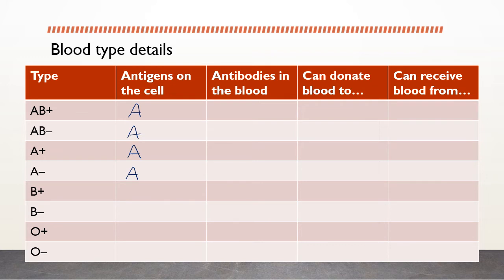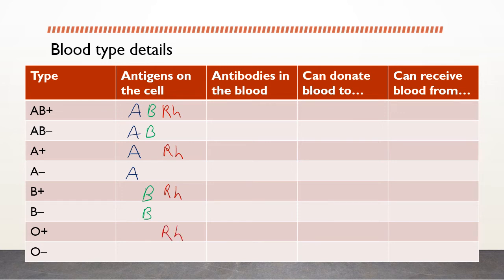If you've got the letter B, then you've got that antigen. So type AB blood has B antigen, and type B blood has B antigen. Notice that type O blood has neither. But what about the Rh antigen? Well, remember, if you're Rh positive, you have Rh. So that would be AB positive, A positive, B positive, and O positive.